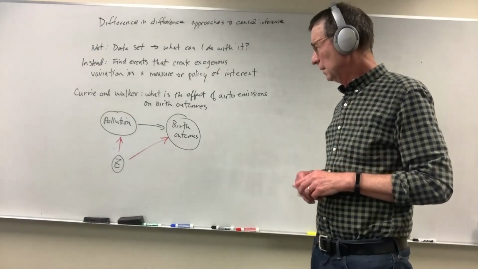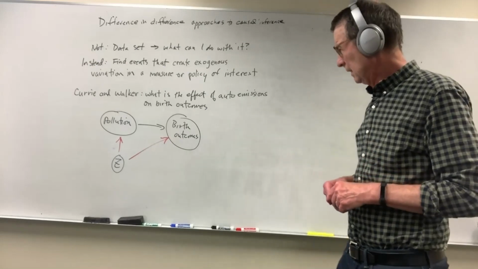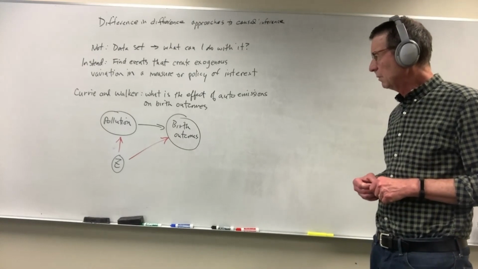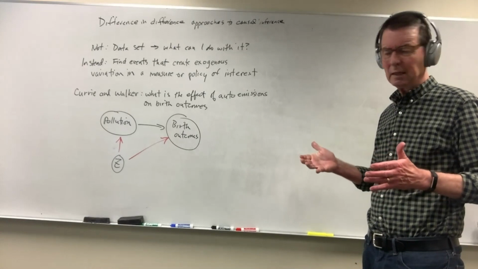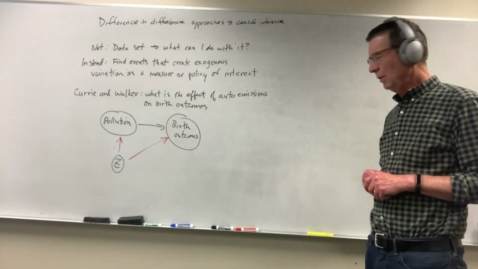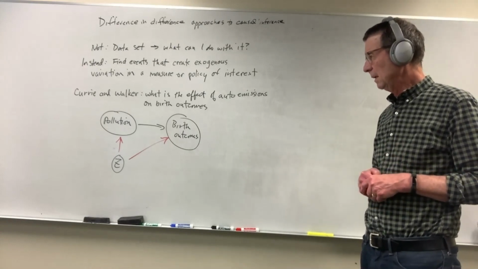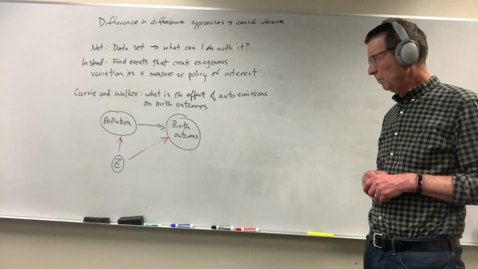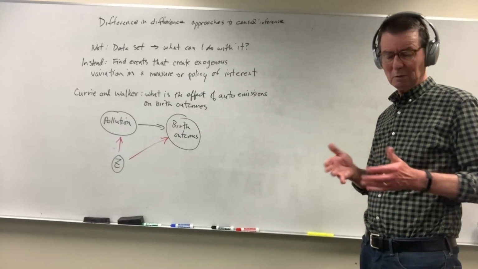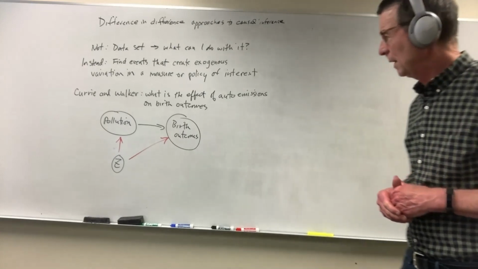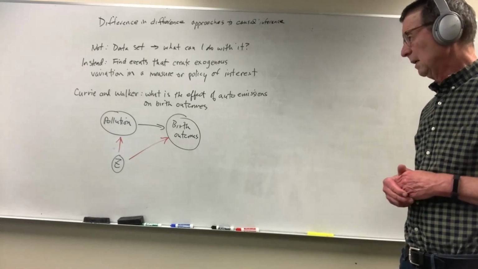So in the Currie and Walker analysis, the policy question is really: what is the effect of auto emissions on birth outcomes? It's kind of a long-standing question. You've always had this battle between the car makers and environmentalists and public health people who want emissions reduced because they claim, with a lot of data, that it's bad for health, in particular, in this case, birth outcomes.